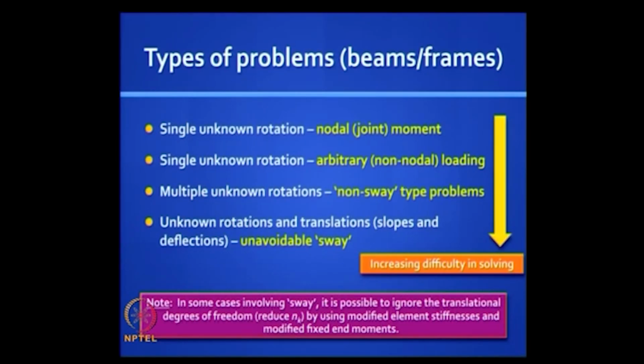So in many cases involving sway, it is possible to ignore the translational degrees of freedom and you reduce the degree of kinematic indeterminacy by using modified element stiffnesses. So from 4EI by L we went to 3EI by L, went to EI by L, and modified fixed end moment. If you take this technique, you can solve difficult problems in a very short time.